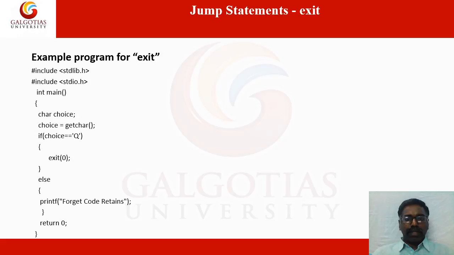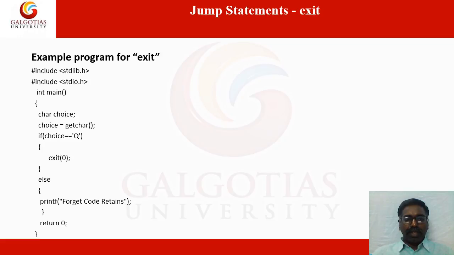The last statement in the jump statements is the exit statement. What is the use of the exit statement? Once it is encountered, the entire program will get terminated. Here you can see the character choice is there, and choice is equal to getchar. This is a function, getchar, which is used to read a character from the user, and it belongs to the stdlib header file.